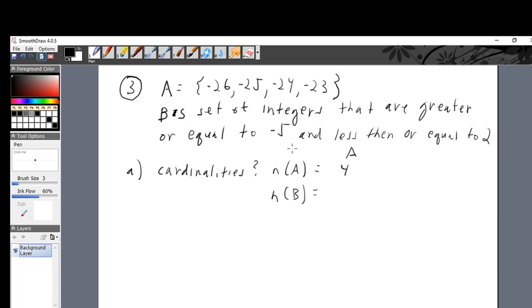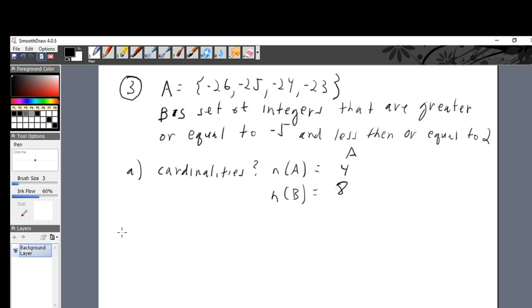Then it's got to be less than or equal to 2, so keep going, 1 and 2. That's a total of 8. Count them on your fingers. We'll take -5, and we'll take 2, since it can be equal to either. So that's the cardinality of B, and there's the answer.